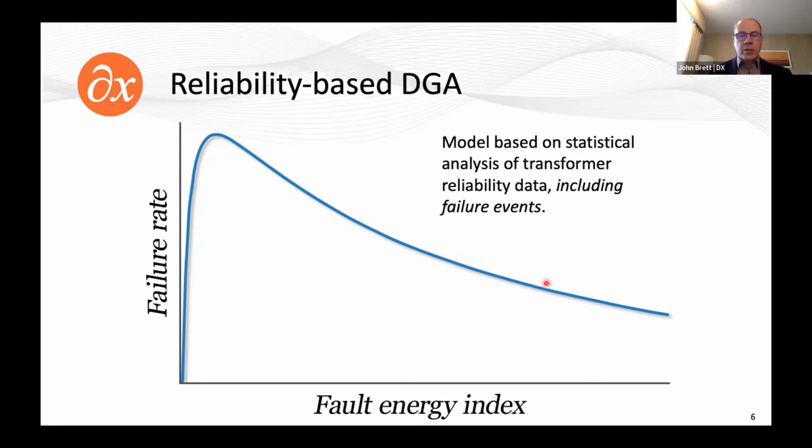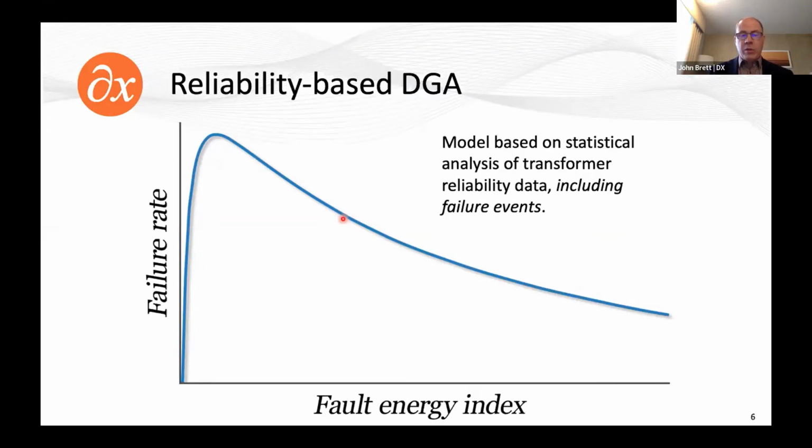You don't want to ignore it, but the sense of urgency might diminish somewhat. This is a model based on a statistical analysis of a large population of transformers. So this curve does not represent any single individual transformer. It represents a large population that has created this model for us.